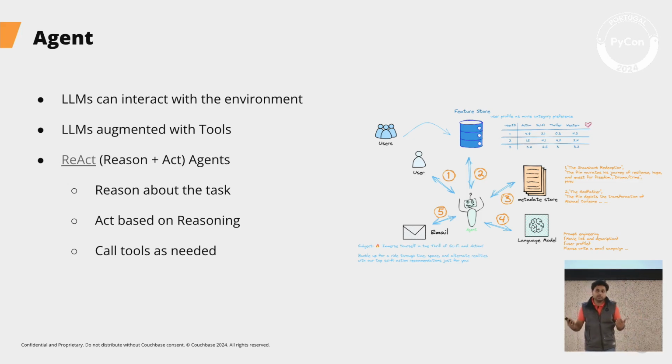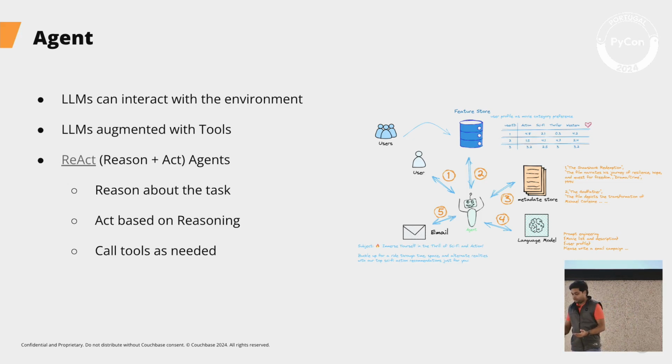For example, if the output is not what is required, it can try to come up with a different answer. Mostly you do it by providing some tools or capabilities to the LLMs, and most modern LLMs have this capability.